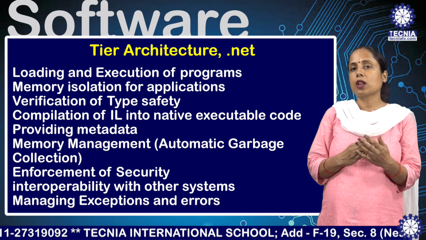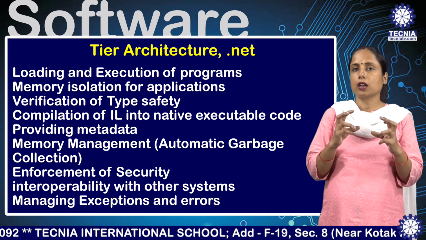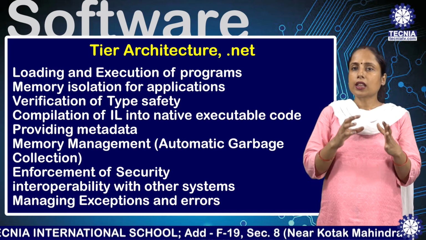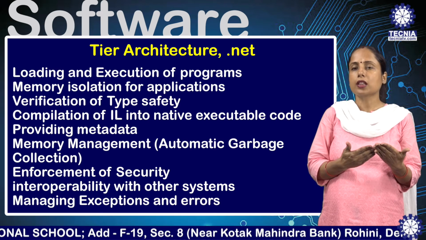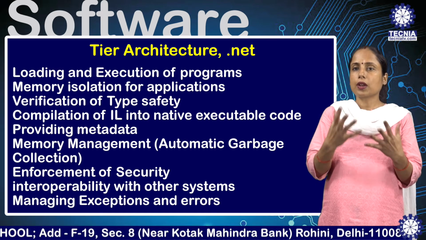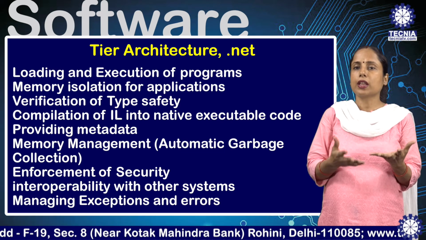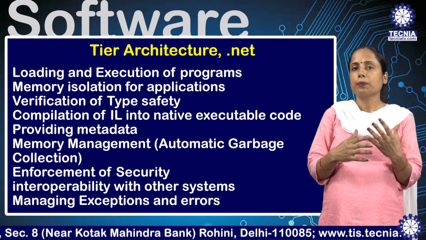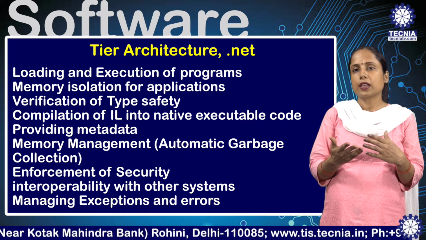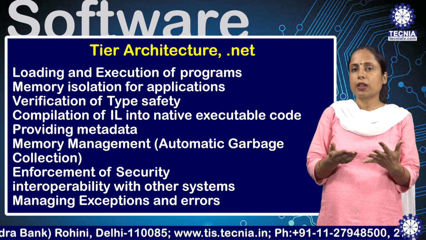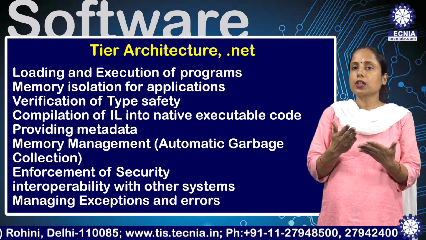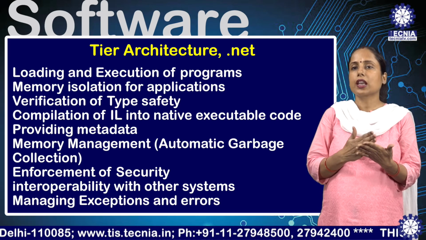Memory management is one of the major parts of .NET. You can say that in previous languages there was no automatic memory management process. We had to construct, allocate the memory, and then deallocate the memory specifically. But in case of .NET, an automatic memory management process is provided, which is known as automatic garbage collection.